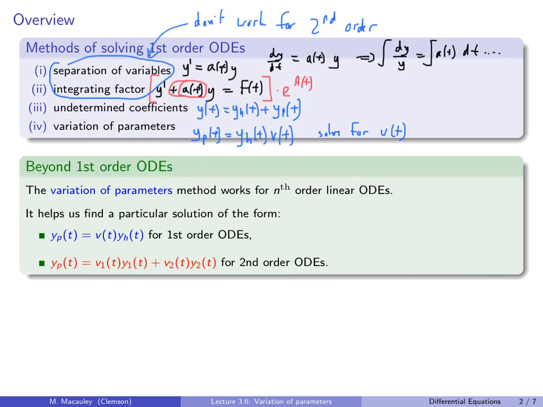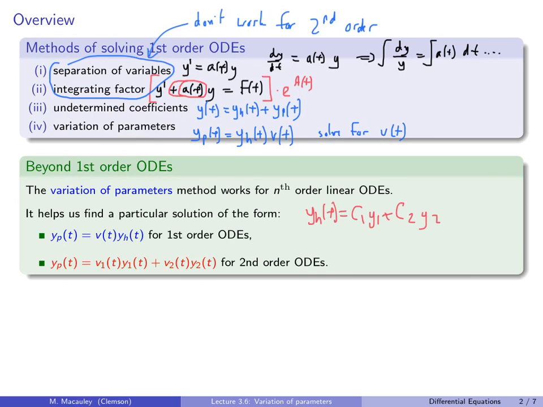And for the second order, your homogeneous solution is going to be yh of t equals c1 y1 plus c2 y2. So you guess that your particular solution is going to be v1 times y1 plus v2 times y2.